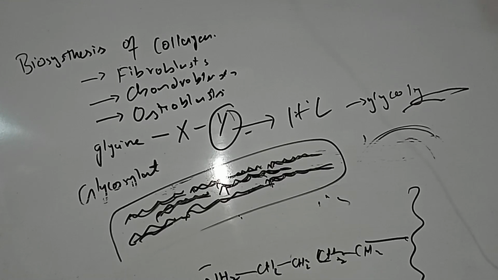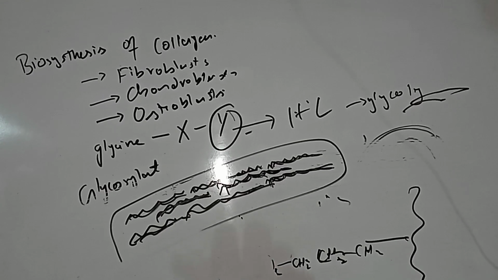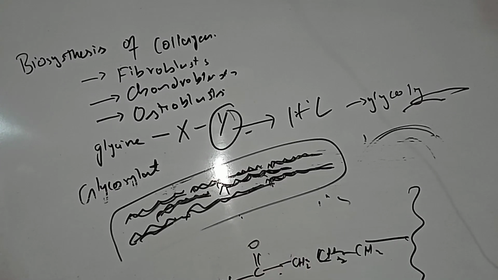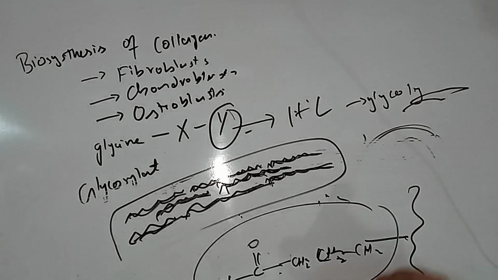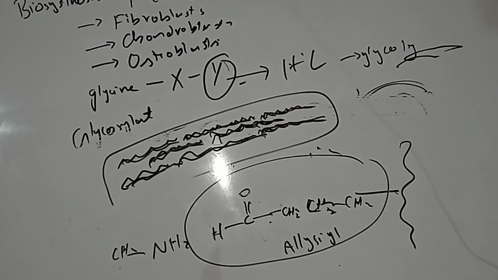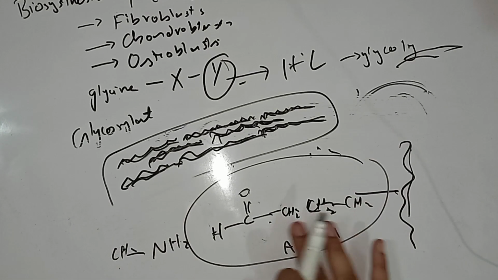So what does lysyl oxidase do? It removes this NH2 and converts this end into the aldehyde group, C double bond oxygen and single bond with H. This structure created by the lysyl oxidase enzyme is called allysine or allysyl residue. If it comes near another amino group, which can be from a second amino acid, let me elaborate. Supposedly this was a chain, and this was the lysine residue here.